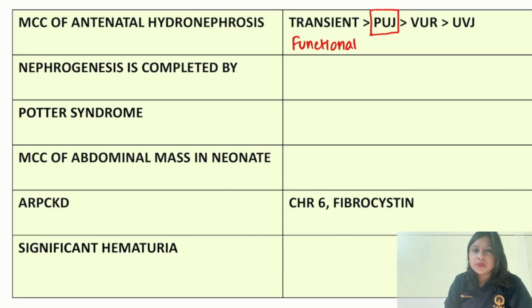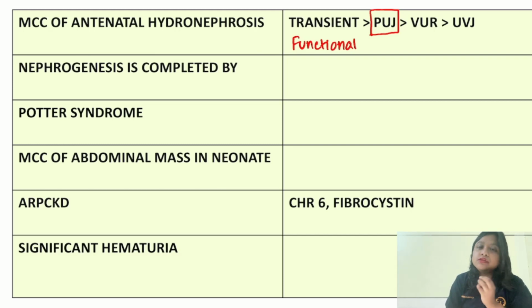So at least you should remember this too, that is transient being the most common cause, followed by pelvic-ureteric junction, followed by vesico-ureteric reflux. Now, one point regarding the embryogenesis of kidney. We know that the kidneys, which contain 80,000 to 1.2 lakh nephrons, ascend during development, right? And the entire genitourinary tract is developed from intermediate mesoderm.